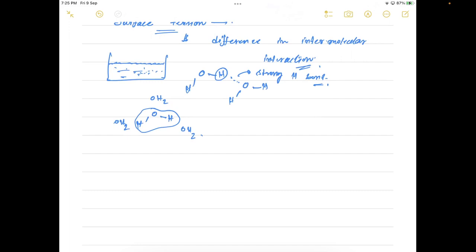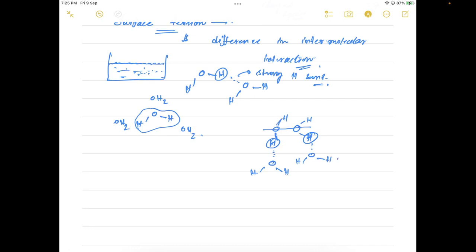But at the surface, let's say this is the surface and there is a water molecule here like this. This OH bond, or this hydrogen atom, can form a strong hydrogen bond with another neighboring water molecule.